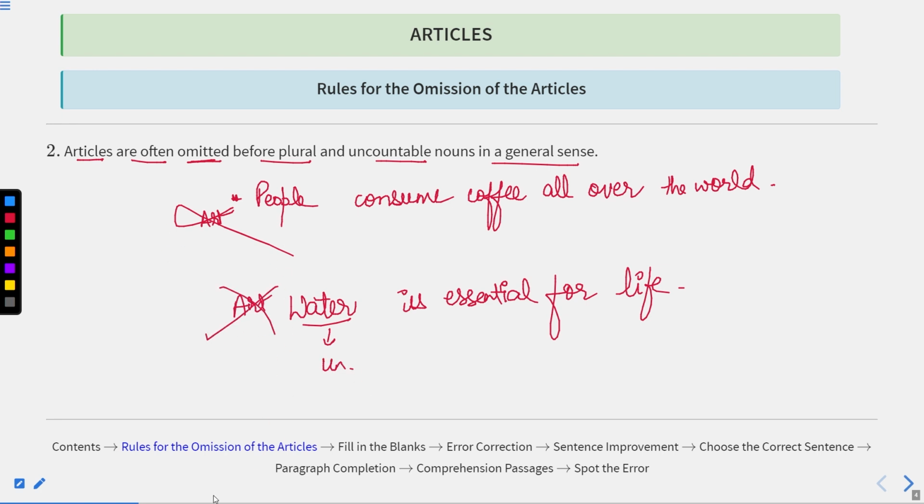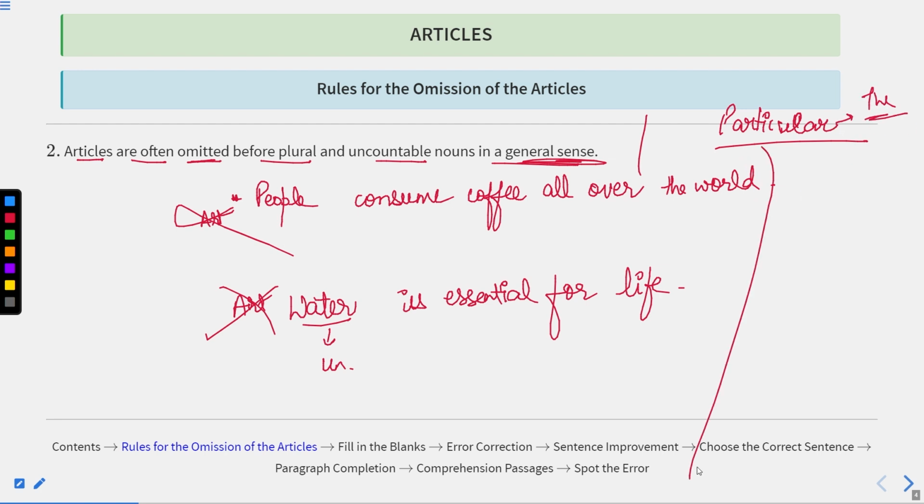Okay, but if I make these particular, in general sense I cannot use article, but in particular sense I can use article. If I want to make any of these particular, whether the plural noun or the uncountable noun, if I make them particular, I can use the before them.